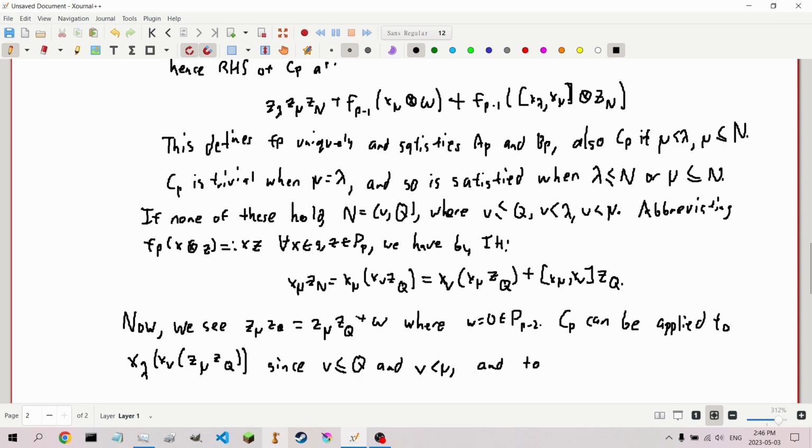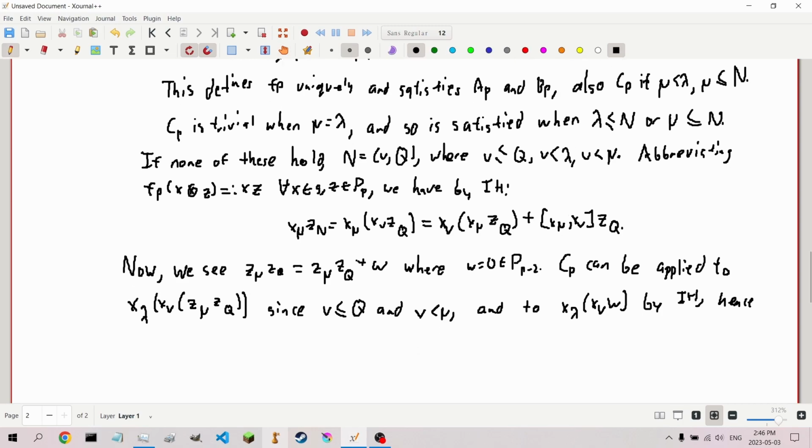and also this can be applied to X lambda of X mu times W by the induction hypothesis, and so to X lambda X mu ZQ.